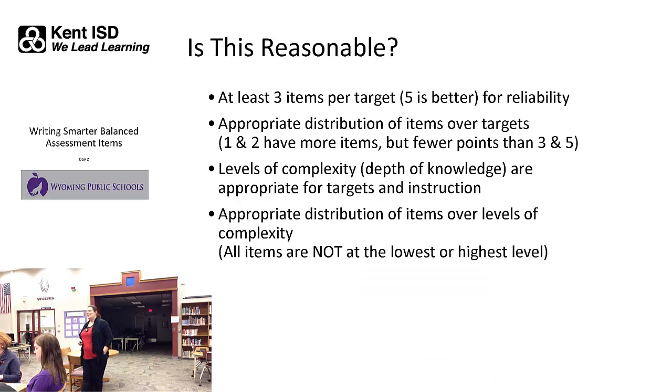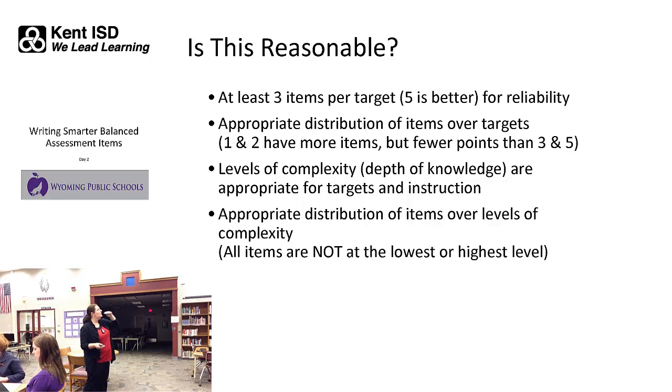The question that always gets asked: how many questions per target do I write on an assessment? If you're looking for reliability purposes, you want 3 items per target, 5 is better. However, you need to have the appropriate distribution of items over targets.